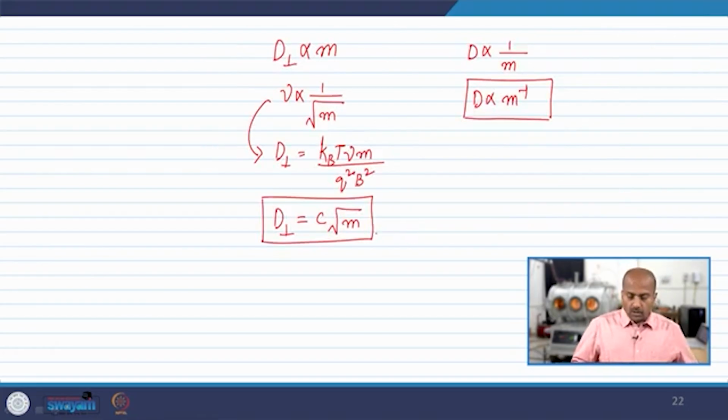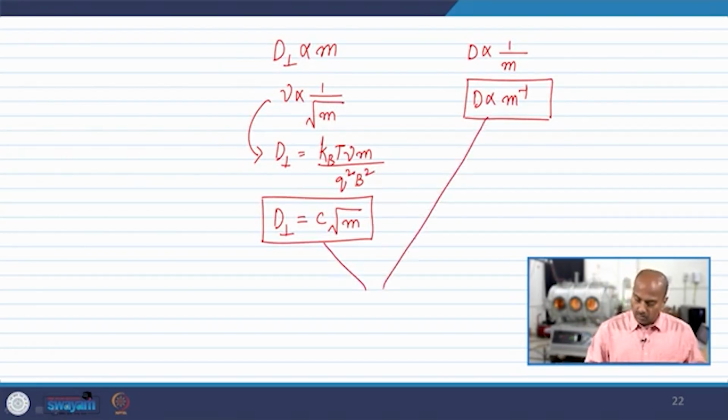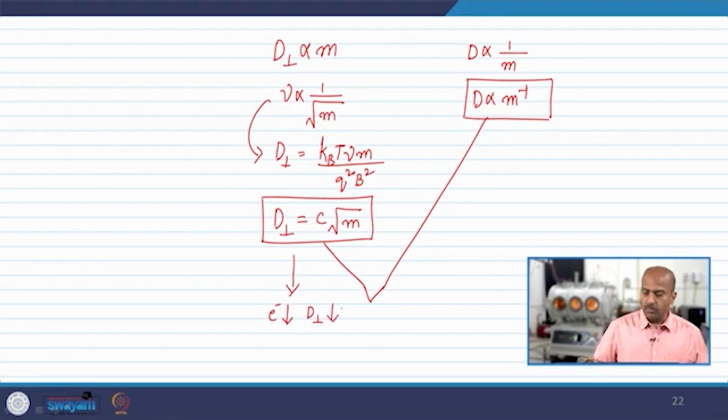Okay. So, here when we put these two dependencies in contrast to each other, we can say that in this perpendicular picture, electron mass being smaller, the diffusion coefficient will also be smaller.